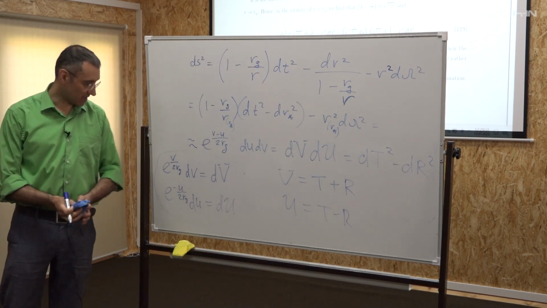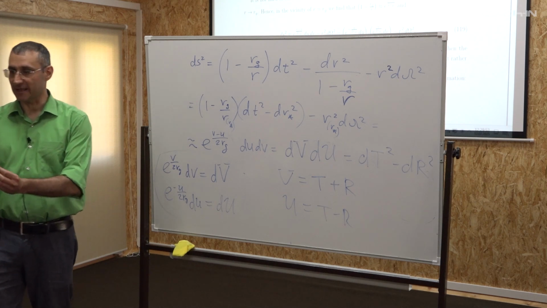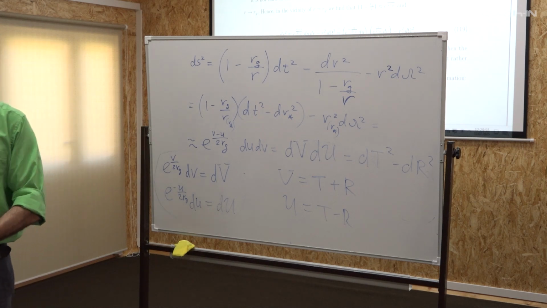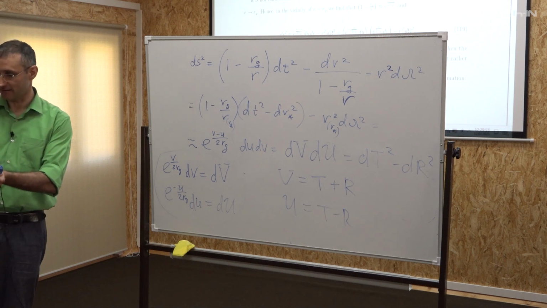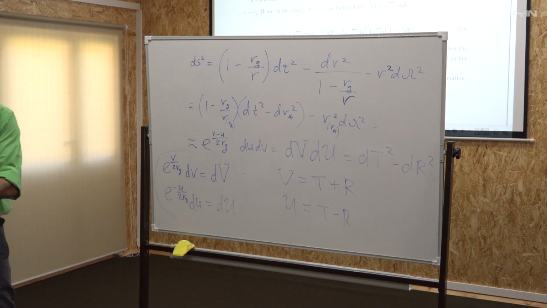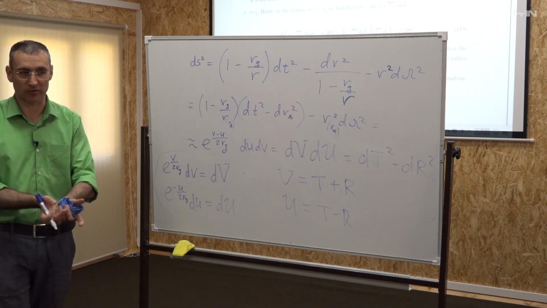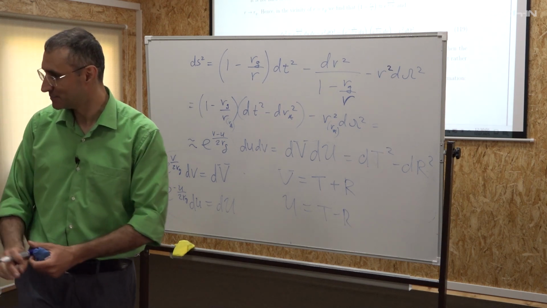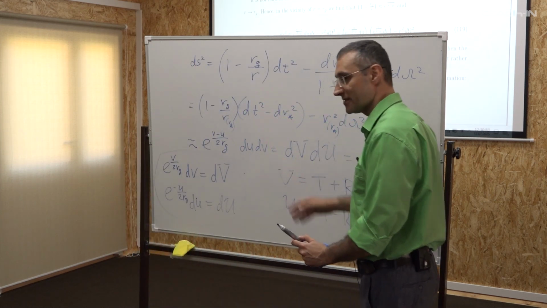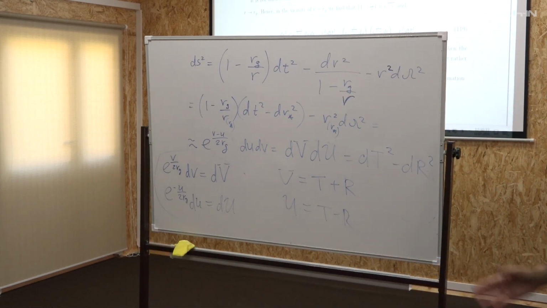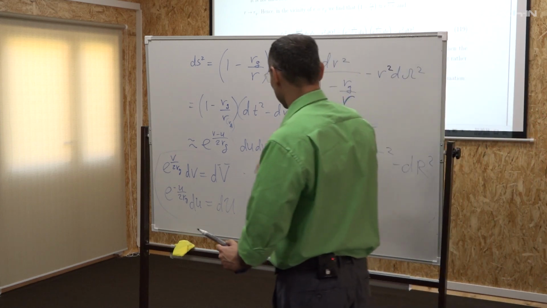So I found such coordinates which make my metric flat in the vicinity of the horizon. I told you that in the vicinity of any point, I can make my space-time look almost flat. So I can always find some coordinate system which is flat in some local vicinity of any point. You see the reasoning? So that gives me the idea what to do.